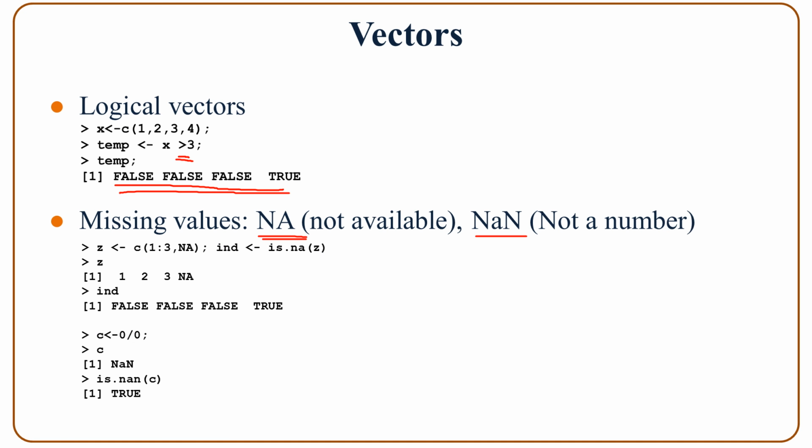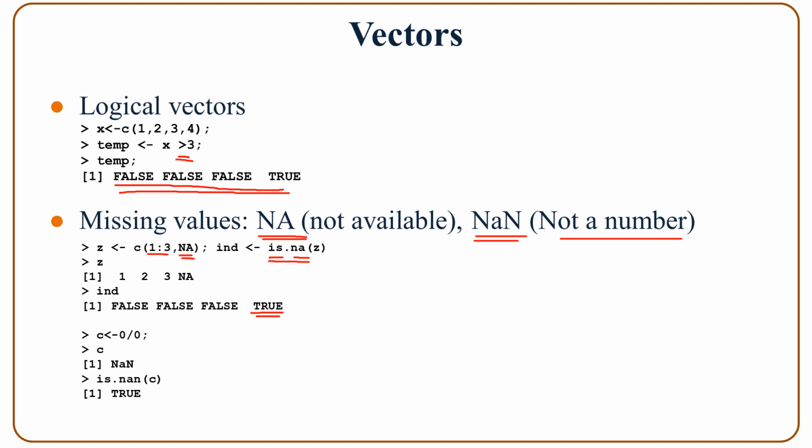So if you create a vector and in the vector you have an NA value, and you check using the is.na function to see if there is any NA value in a vector, then as you can see, it returns true at the element where the NA value is, and false otherwise.